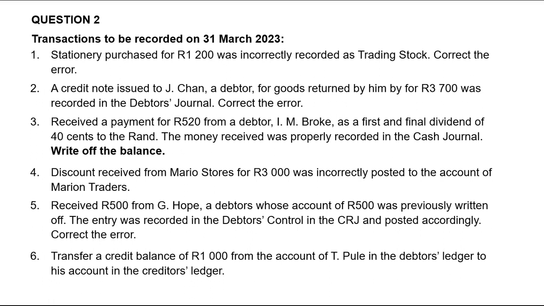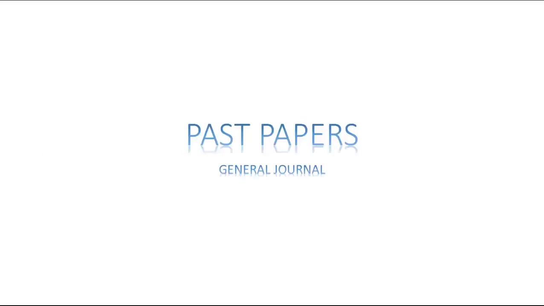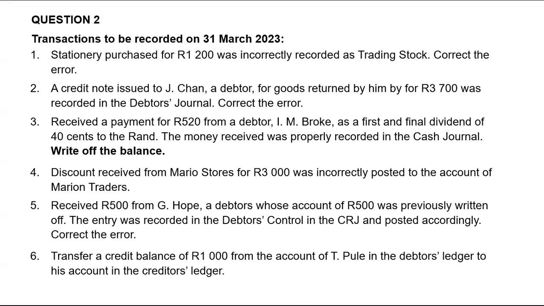In question 2, this is still part of the past papers based on the general journal. Now, in question 2, we are given transactions that are to be recorded on the 31st of March 2023.